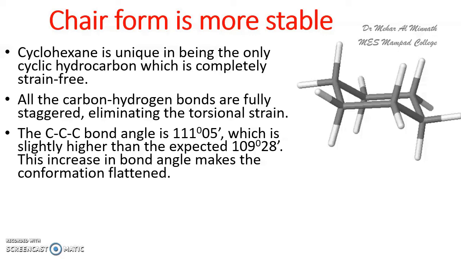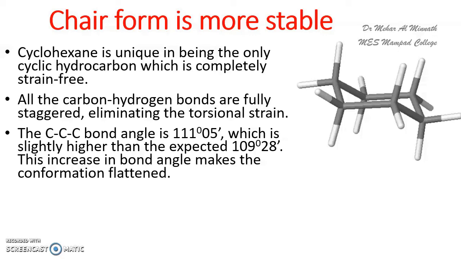For the sp3 hybridized carbon, the ideal bond angle is 109 degree 28 minutes. Now in the chair conformation of cyclohexane, the bond angle is 111 degree 5 minutes, which is almost near to the sp3 tetrahedral bond angle.